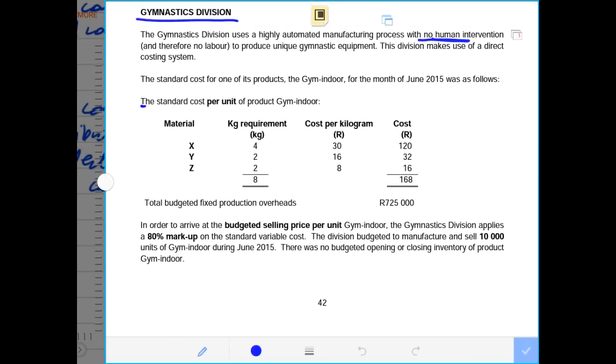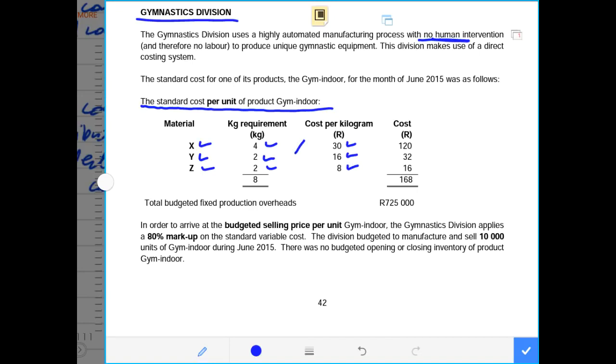So now the provided information, which is below, is for 1 unit. The standard cost per unit of product gym indoor is provided to us. We have 3 materials, and we know that direct material is a variable cost. So meaning now this material X, Y, Z with 4 kgs, 2 kgs, and 2 kgs per unit, and 30 rand per kg, and 16 rand per kg, and 8 rand per kg.